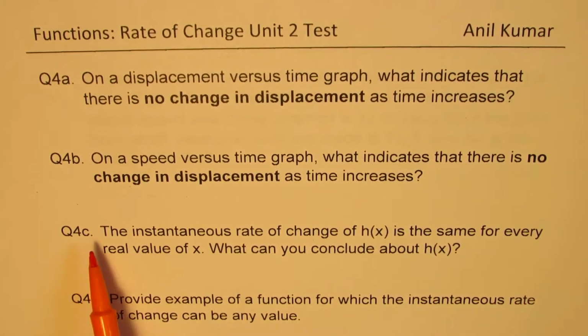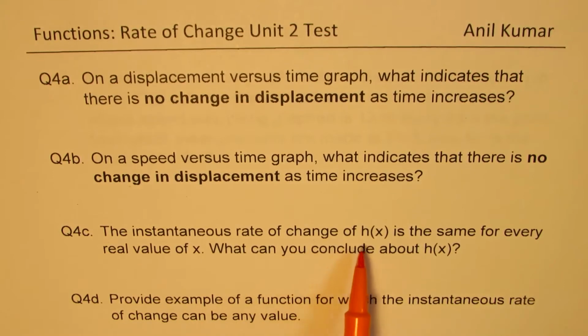Question 4c. The instantaneous rate of change of h of x is the same for every real value of x. What can you conclude about h of x? And 4d is, provide an example of a function for which the instantaneous rate of change can be any value.